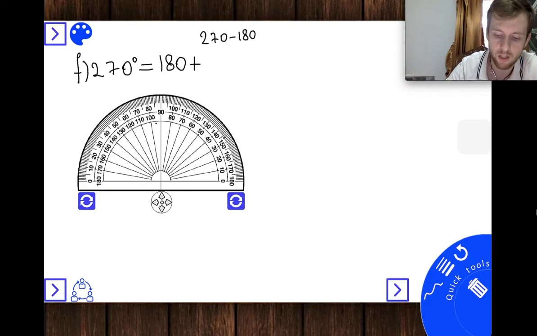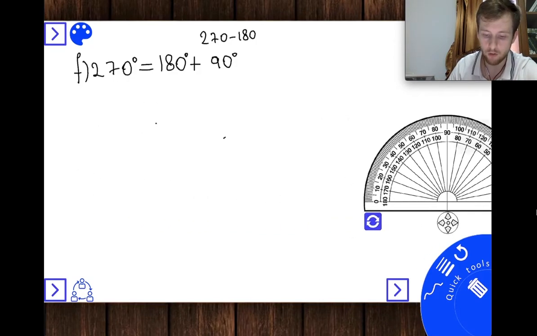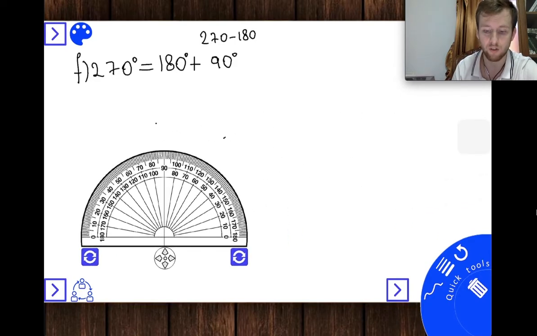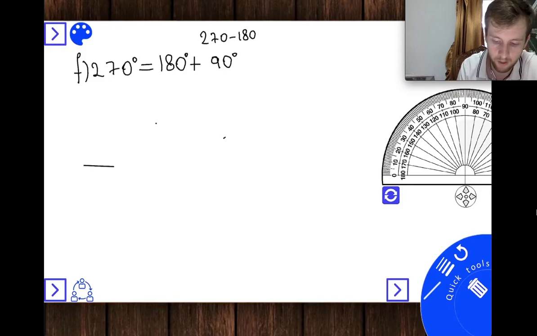So 180 plus 90 degrees. This is your 270. And these angles, this is something we actually have. We can draw 180 degrees, which is just a straight line basically, right? So let's draw this. This is our 180 degrees angle.